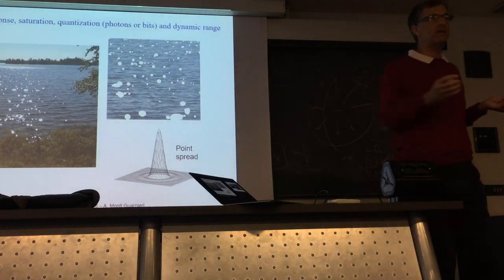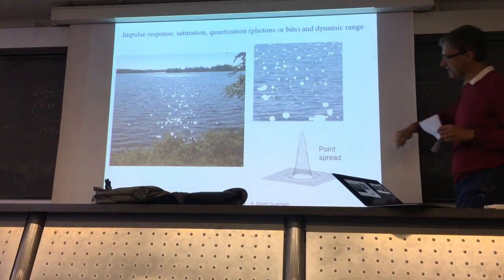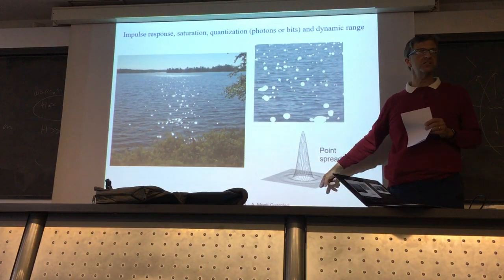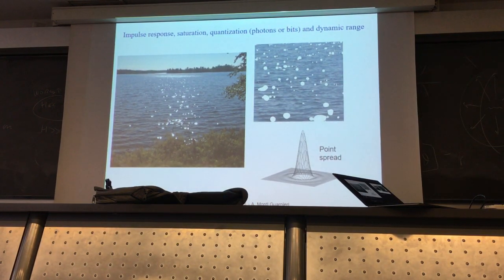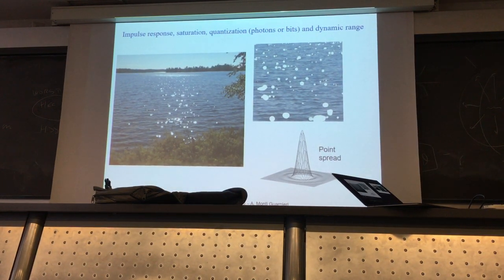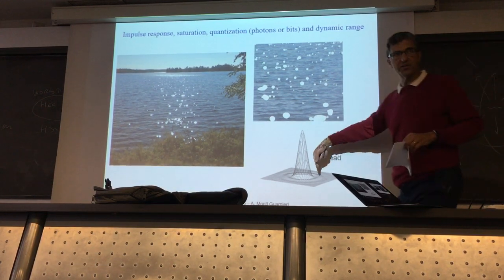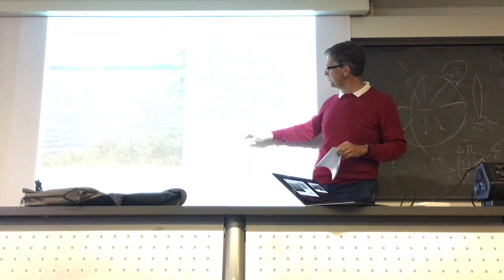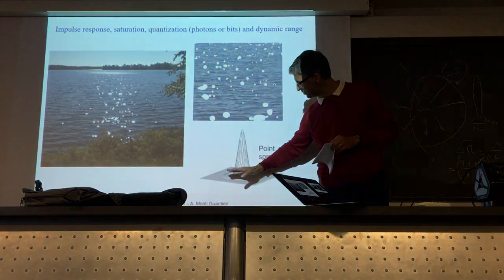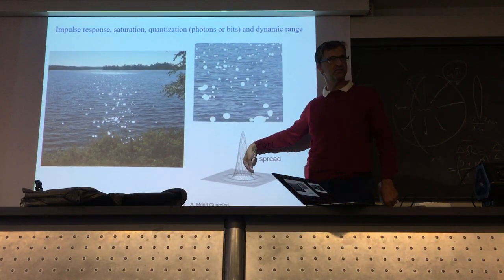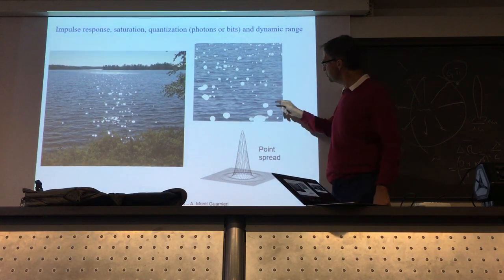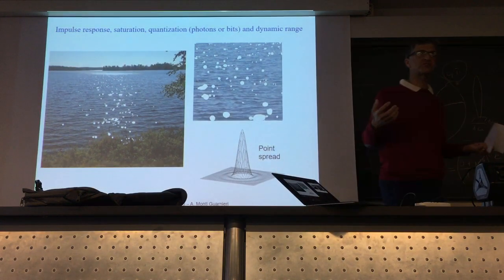If you have 10 million times more energy, and the point spread is this, what is this? This is the lens, so it's the point spread of the lens. Since you are using a circular lens, you have a circular point spread. But as this point spread is 10 million times stronger and your dynamic range is fixed, you just see a contour of the point spread. So you see a circle because your lens is circular.